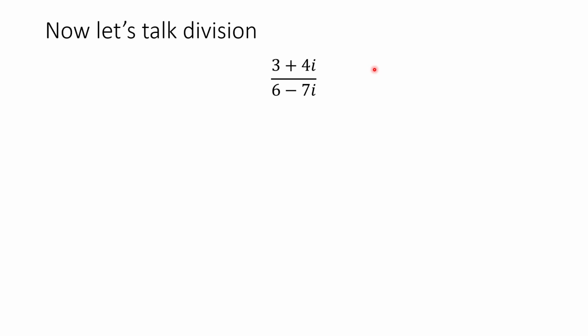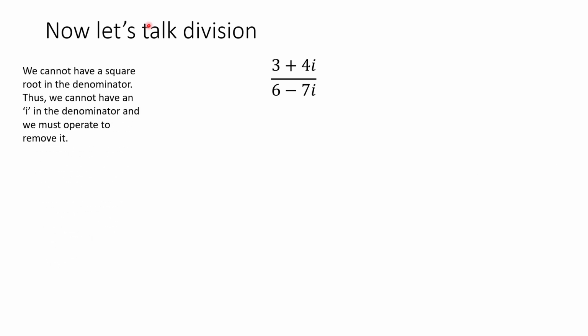All right, so I mentioned earlier, and I think I want the first blurb here. We cannot have a square root in the denominator. Thus, we cannot have an i in the denominator, and we must operate to remove it. That is one of those rules of math, and it has to do with what square roots are.